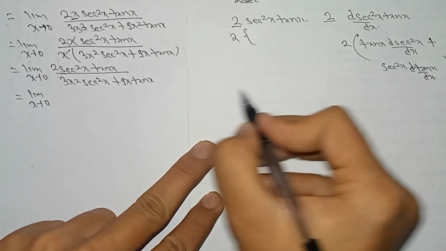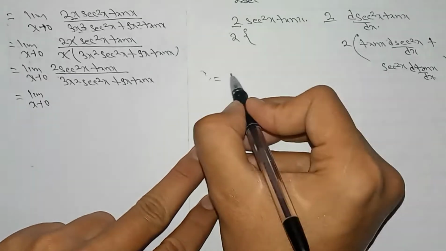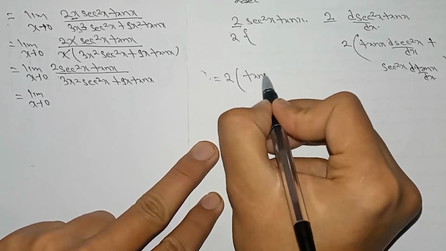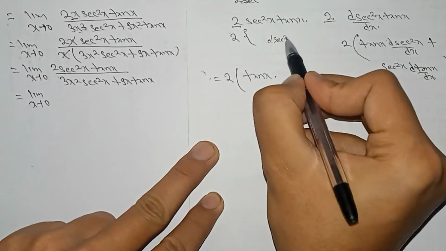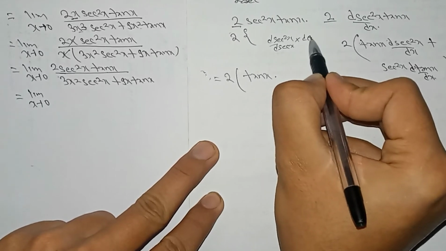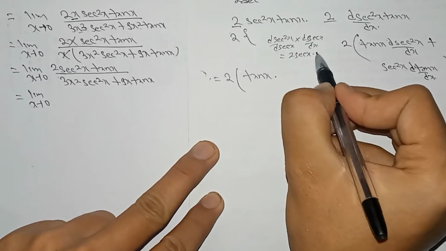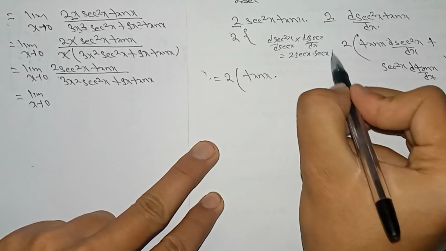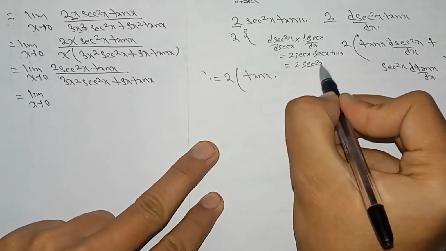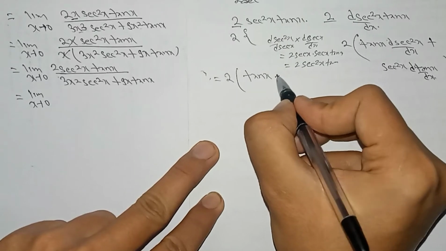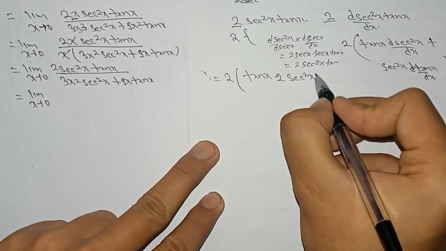If we write it like this, that means 2 tan x, and d sec square x is d sec square x by d sec x into d sec x by dx. That means 2 sec x, and here we have sec x. The differentiation of sec x is sec x tan x. That becomes 2 sec square x tan x.